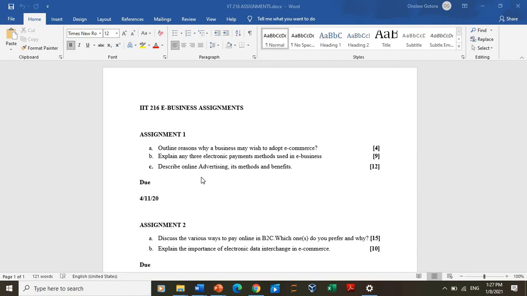Describing online advertising was 2 marks. Then explaining the methods, if you give me 4, that is a maximum of 8, plus 2 is 10, then 2 or 3 benefits, you have 12 marks.